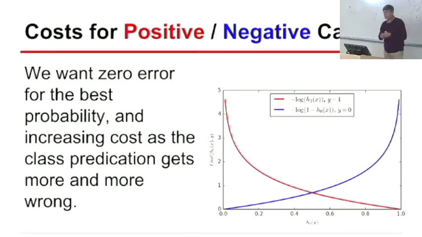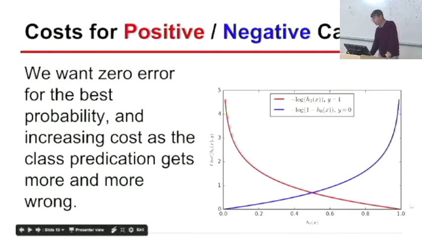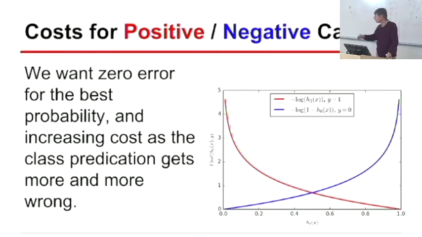Yeah, but why do we choose this curve? Well, there are two reasons we're going to choose this curve. One is that we want our unhappiness to grow monotonically. And I think that we want to be really upset if we say something is almost certainly positive and it is negative, right? So why are people angry at pollsters today? We are right after the election. Why are we angry at the pollsters?